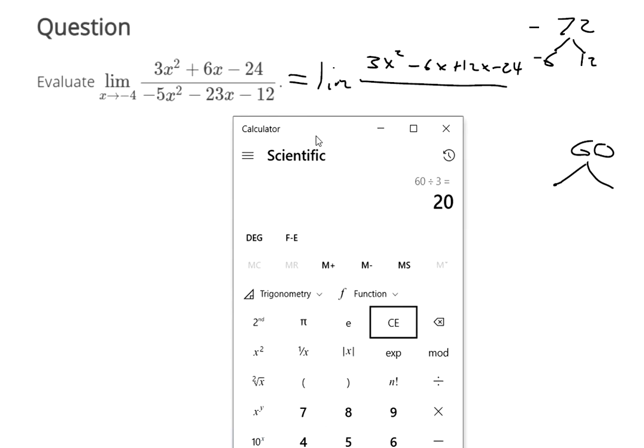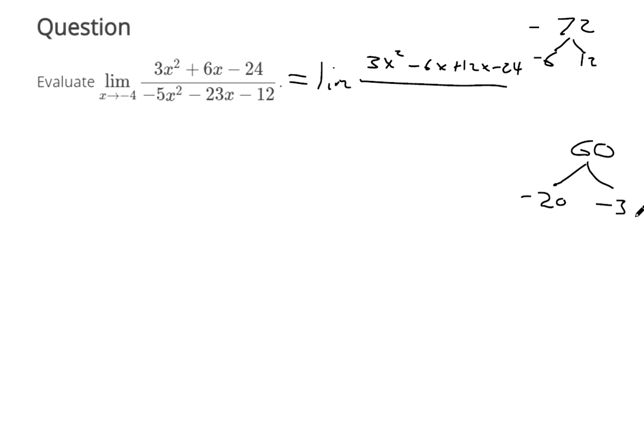How about negative 20 and negative 3? Multiplies to be 60, adds up to negative 23. So this is now negative 5x squared, subtract 20x, subtract 3x, minus 12. So that's the limit, still as x approaches negative 4.